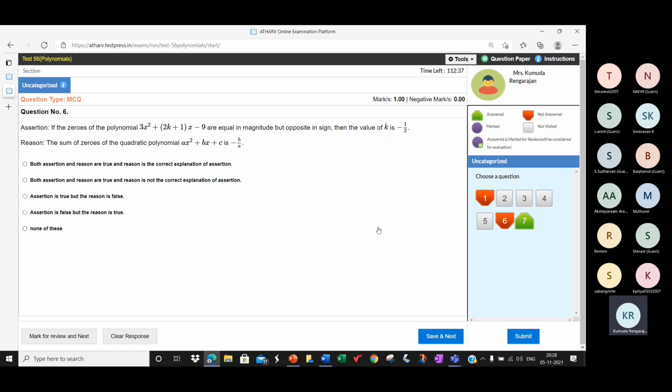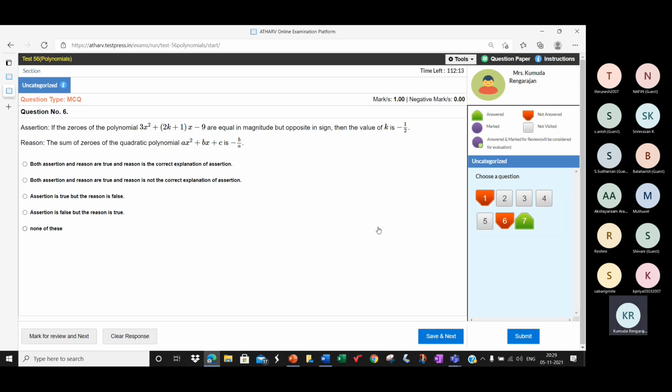The zeros are equal in magnitude and opposite in sign. So what should we do? We have two rules. Sum of the zeros is minus b by a. Product of the zeros is c by a. So here will you use the sum of the zeros rule or the product of the zeros rule?